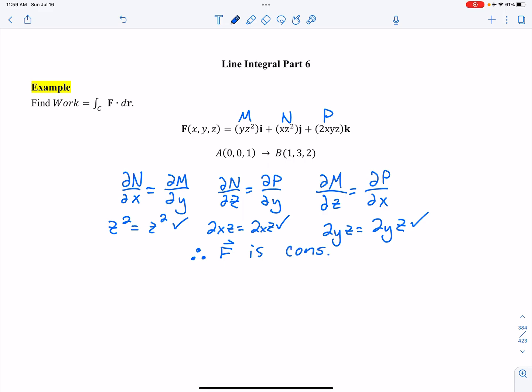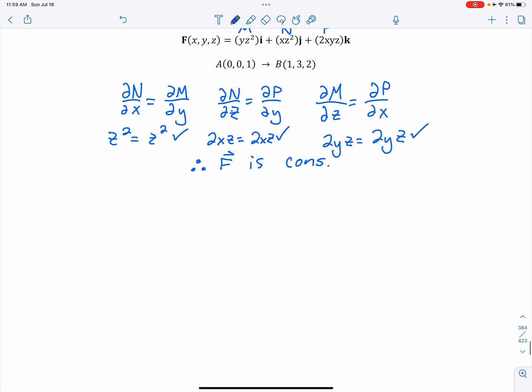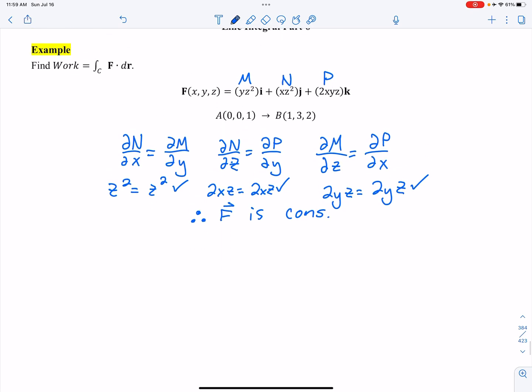All right, so that means we can use the method from the section. So that means there is a phi such that if I take the gradient, it's equal to f. That means I can think of f as the gradient, which is the derivative of phi with respect to x, derivative of phi with respect to y, and then we got to do our z portion, phi with respect to z.